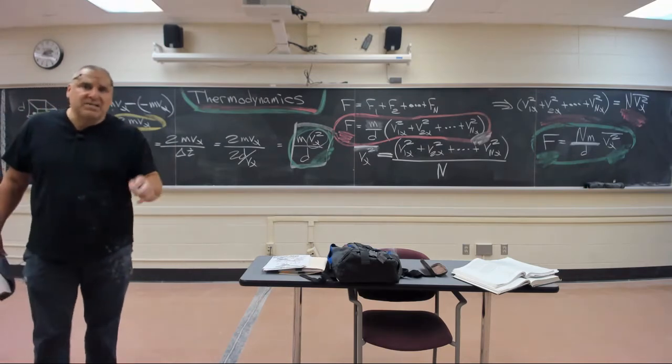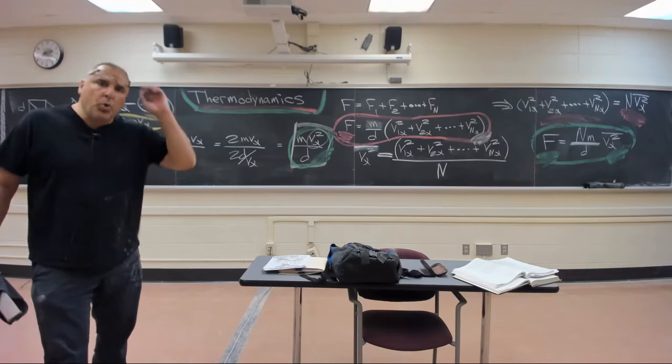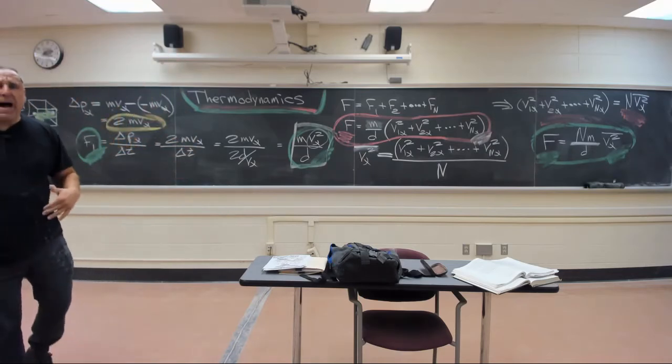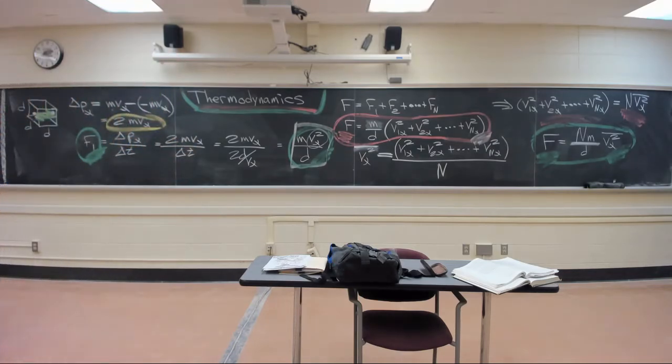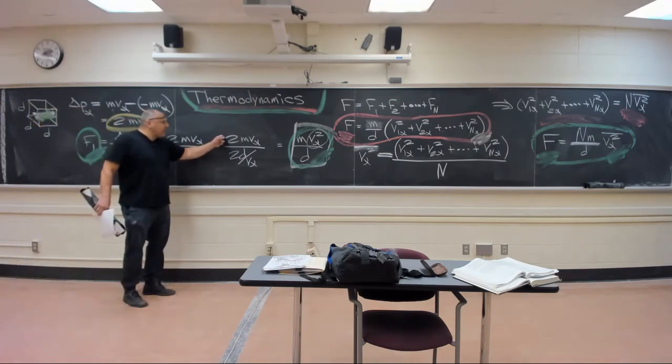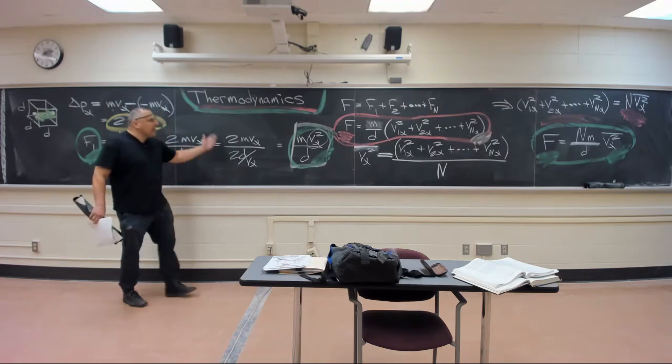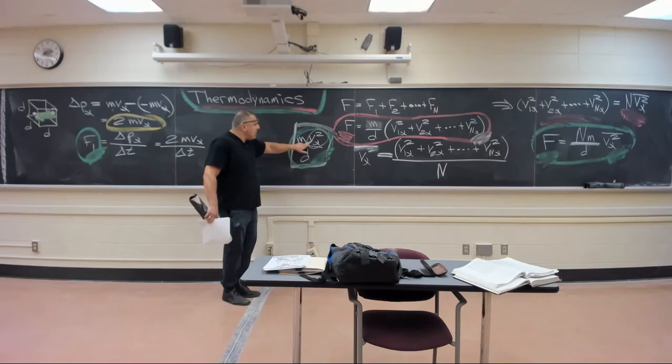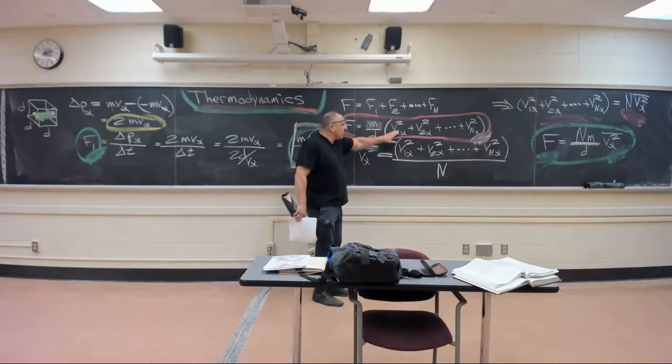So 2d is the big one. 2mvx divided by 2d over vx. 2mvx divided by the ratio 2d over vx. And that's where we're getting this. And expand this to many particles, that's where we got this.